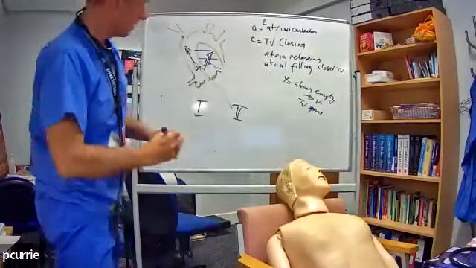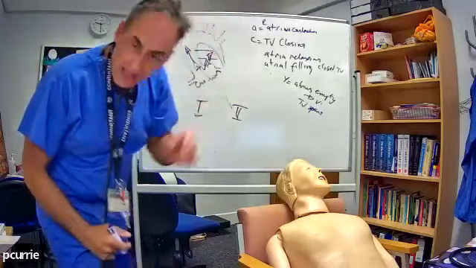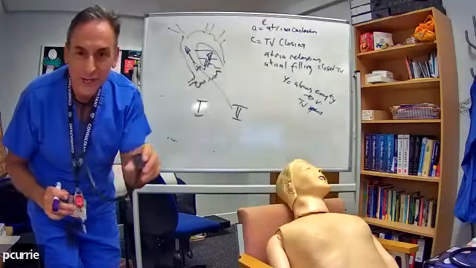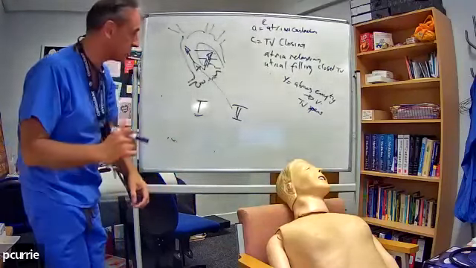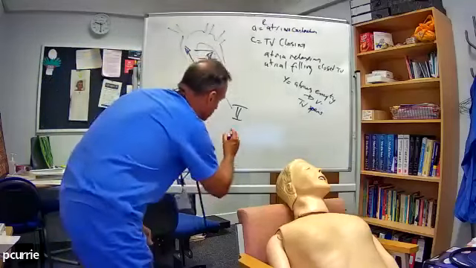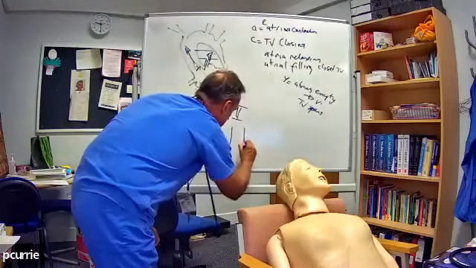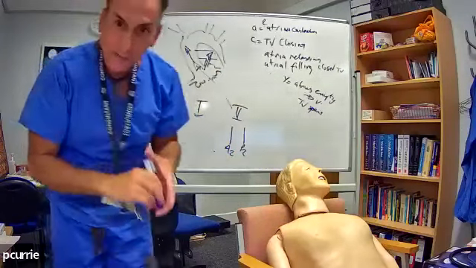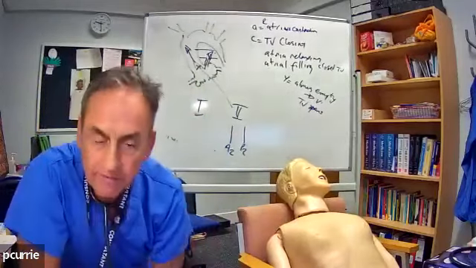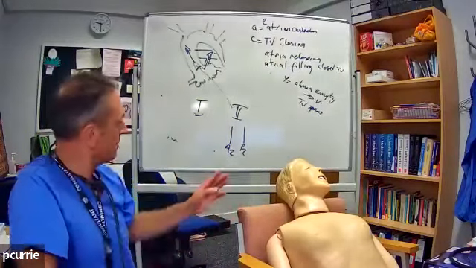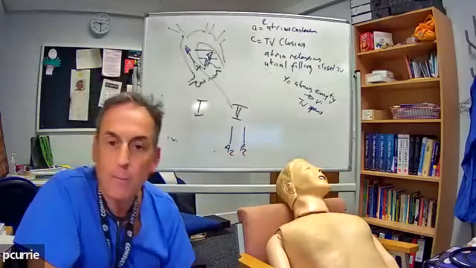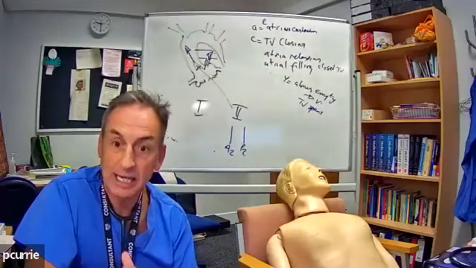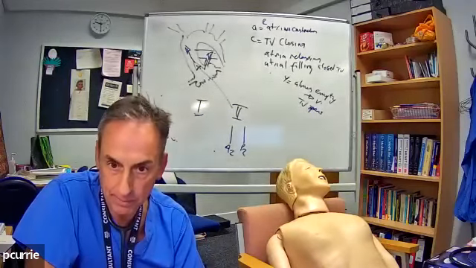So what you may get when you take a breath in, and this is important if you're listening to your own heart, or friends' hearts, or partners' hearts, or patients, as you breathe in, the second sound will split, and you will get your second sound A2, the component caused by the aortic valve, and the P2 sound coming slightly later. And we call that a split second sound, or splitting of the second sound. And it is completely normal in young people.